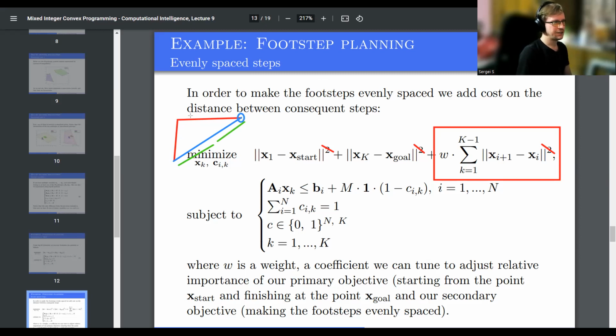We definitely don't want this to happen. In terms of the sum of the norms, this one will be bigger than either this or this. But in terms of the sum of squares, they're the same, so this can happen.